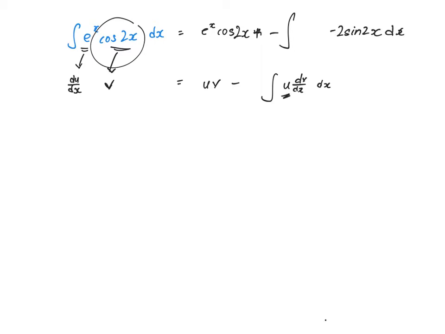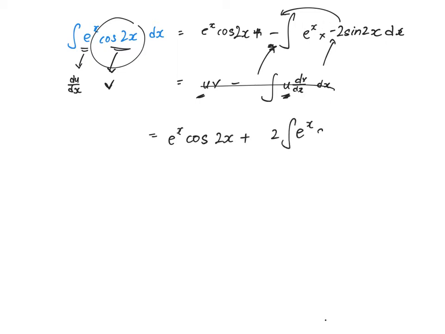Then maintaining my u, if I integrate it, it's just e to the power x times negative 2 sine 2x. So this negative and this negative will cancel each other out, become a positive, and I can bring the 2 outside. So tidying up my function, I have e^x cos 2x plus 2 integral of e^x sine 2x.